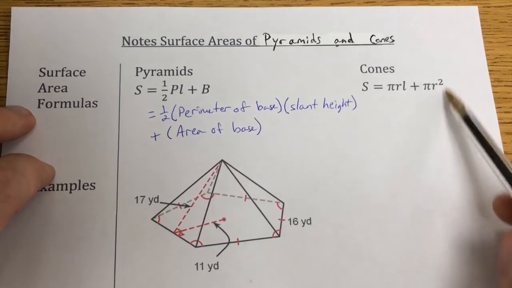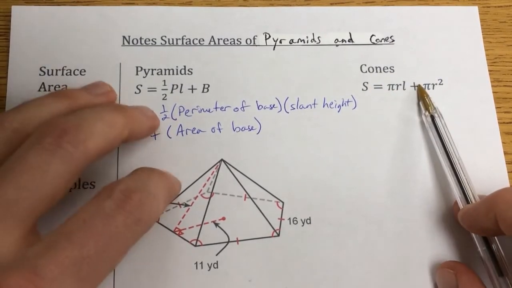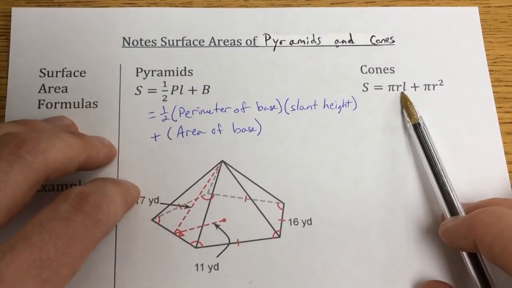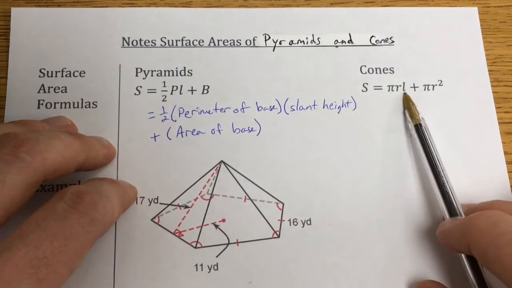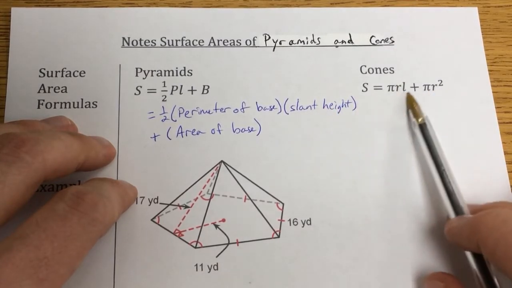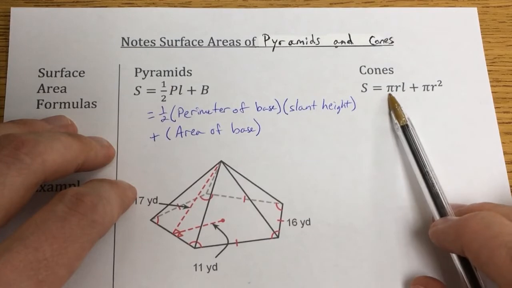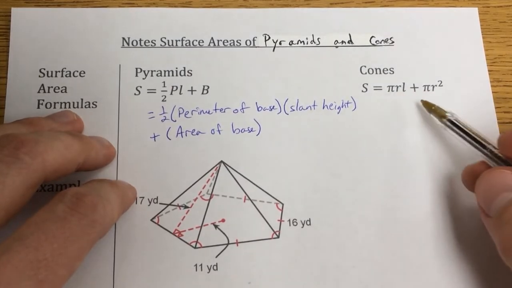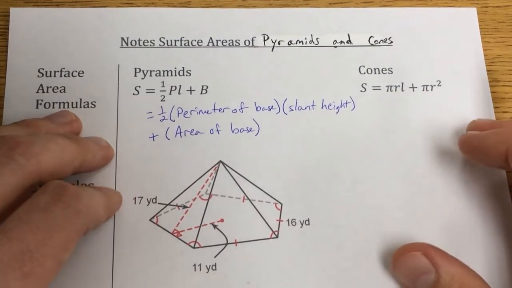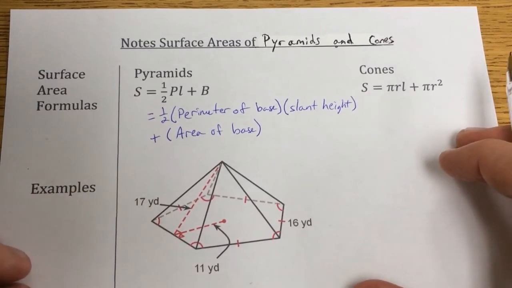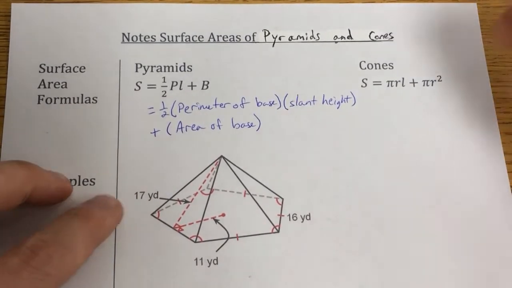And then let's just make sure we know what the surface area for any cone is. Equals pi r L. L is that same slant height plus pi r squared. So again, L is slant height there. We know what the R stands for is the radius, and pi is the pi button on a calculator. Okay, I'm going to go ahead and write that out.